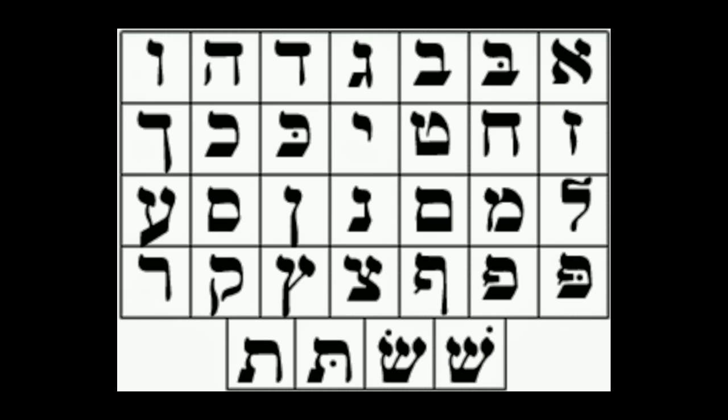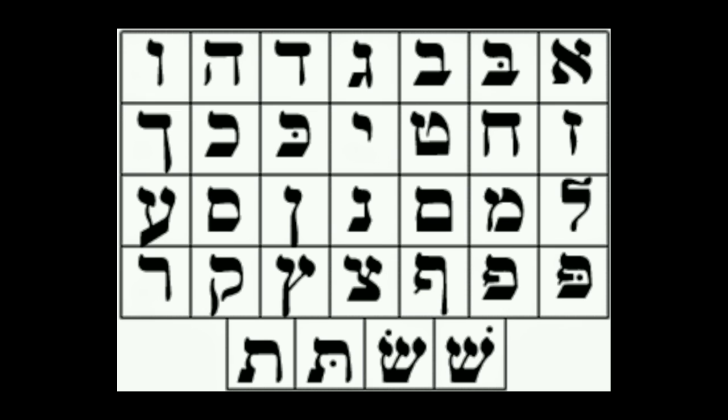Now the next three vowels, card 63, 64, and 65, are vowels that we've learned previously, just with the added shva in the beginning. So you have 63, it's called a chataf kamatz, which is a kamatz with a shva. 64 is a chataf patach, which is a patach and a shva. 65 is chataf segol, which is a segol and a shva.